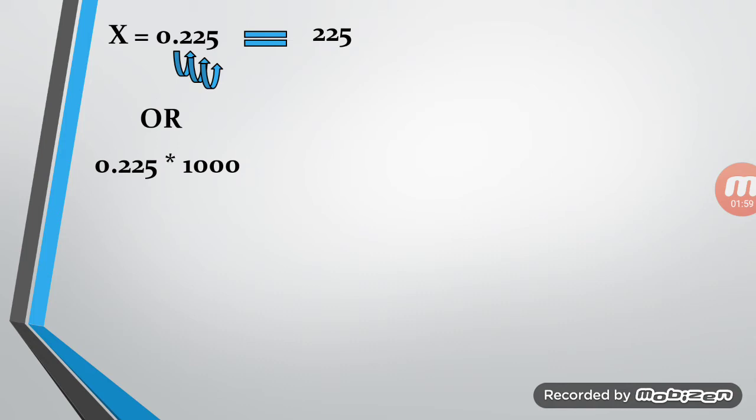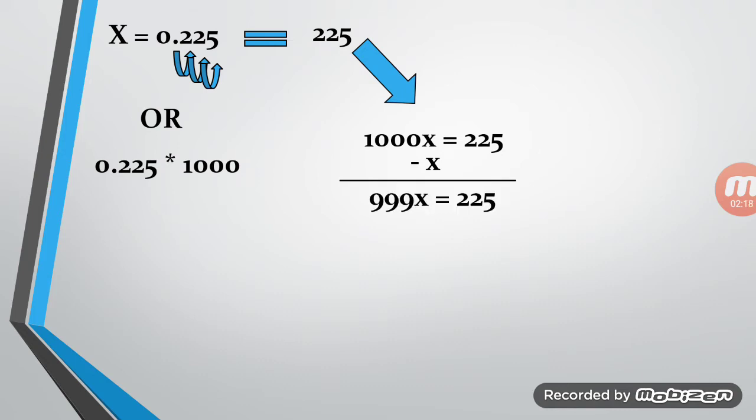So once you have 225, you're going to take that number and you're going to equal it to 1000x. And the next step after that is to subtract the x from the 1000x. So then you're left with 999x equals 225.